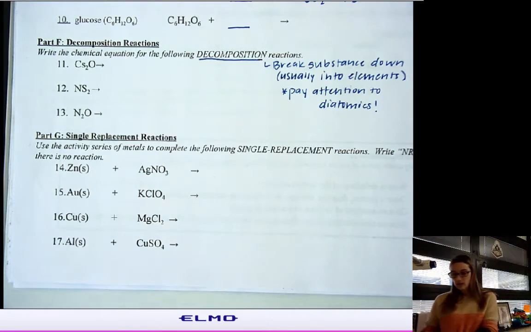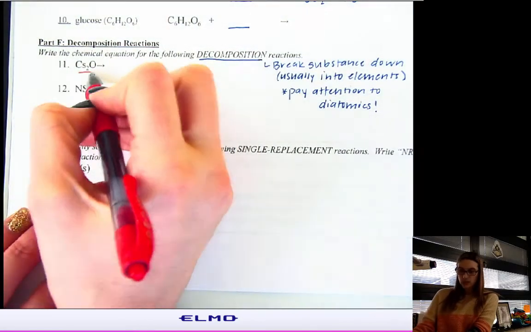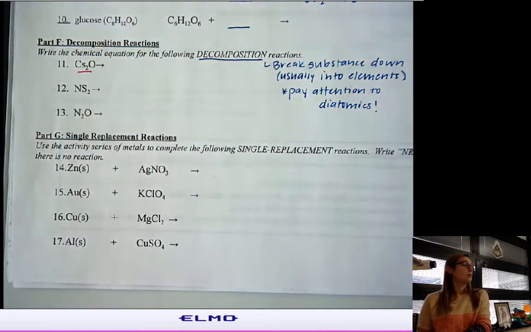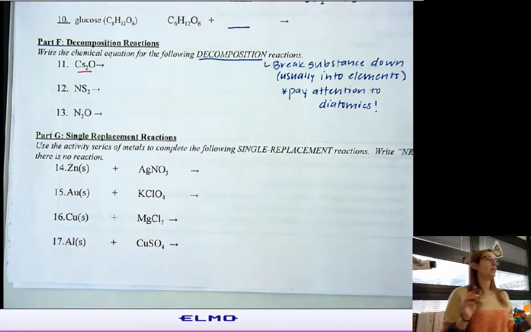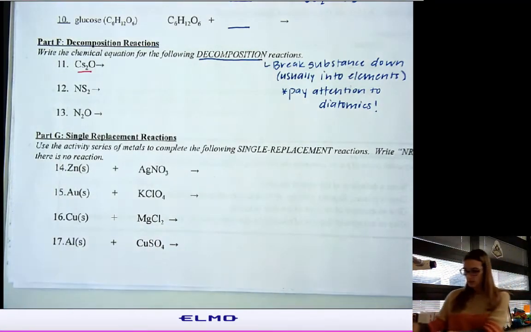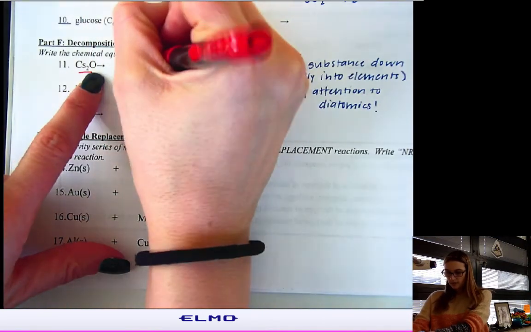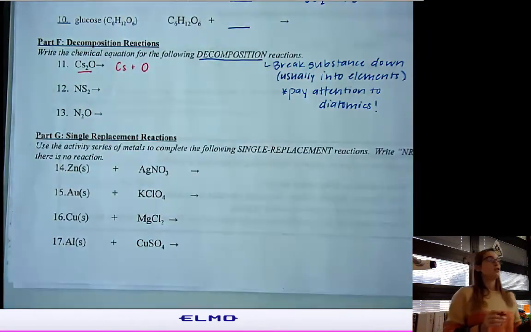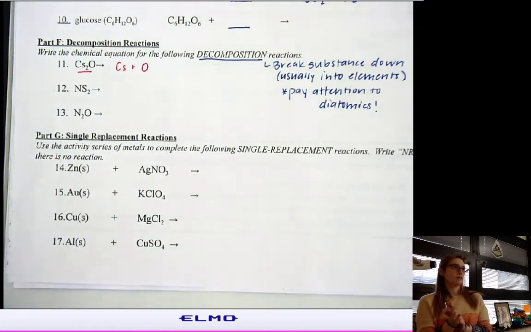When you have a single substance, like Cs2O, this is a single substance. The only thing it can do is break apart. Break it apart into its elements. Just look at that and say, okay, what are the elements that make it up? Well, cesium, Cs, and oxygen. Do not transfer the subscripts over.